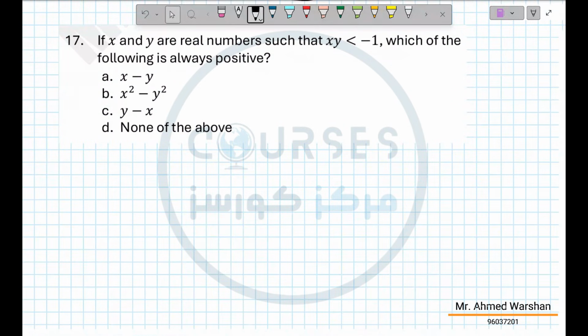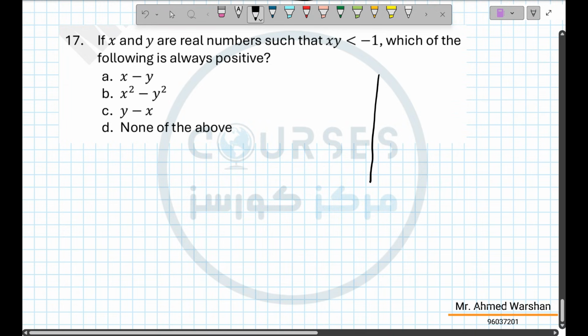If x and y are real numbers such that x times y is less than -1, which of the following is always positive? Okay, x times y is less than -1. It means one of them is negative. So you have two possibilities in here.